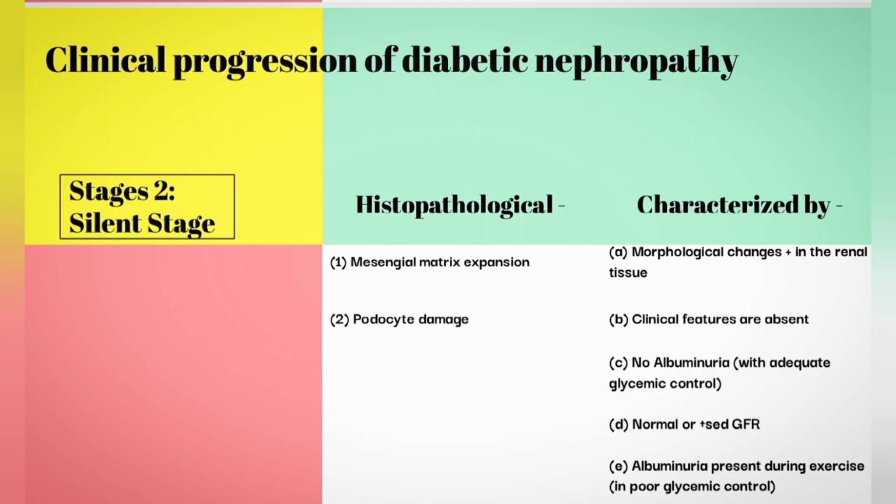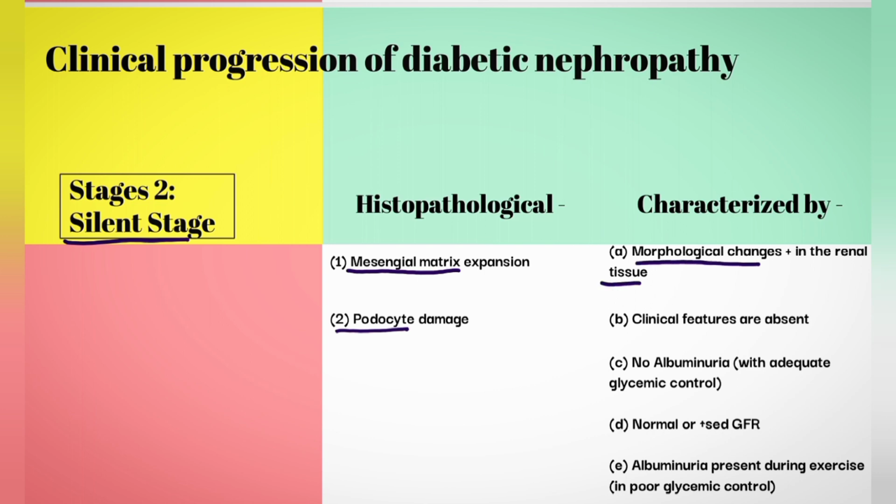Coming to stage 2, it is known as the silent stage. The histopathological changes are expansion in the mesangial matrix and damage to the podocytes, and this stage is characterized by morphological changes present in renal tissue.